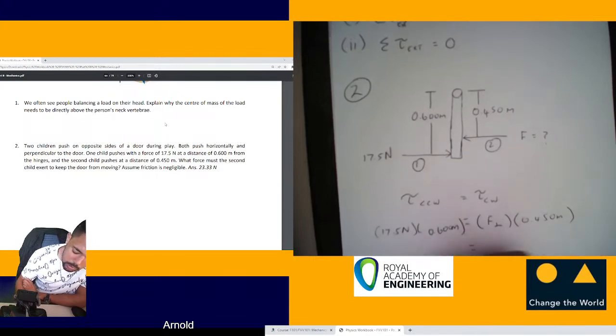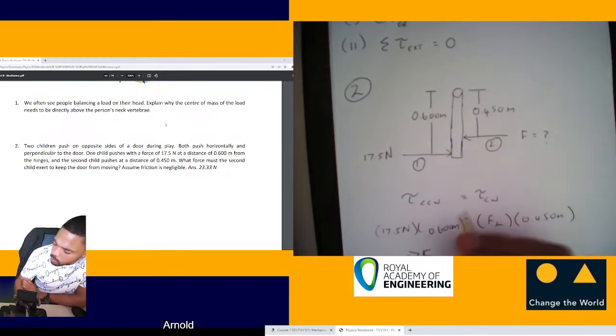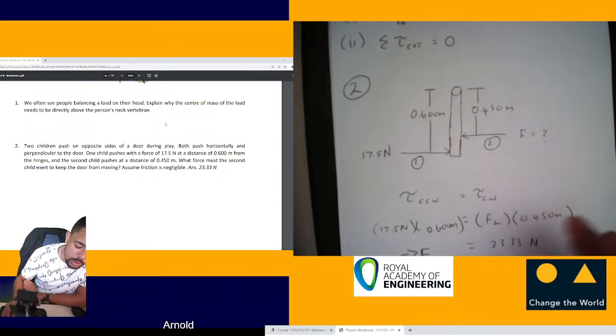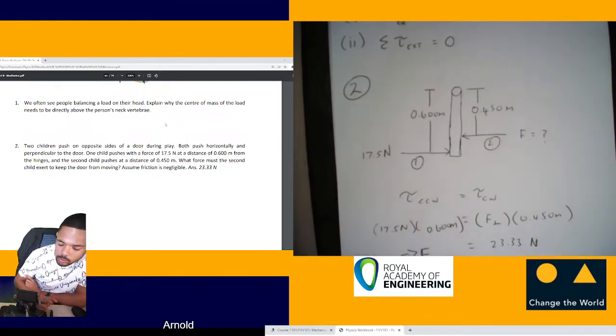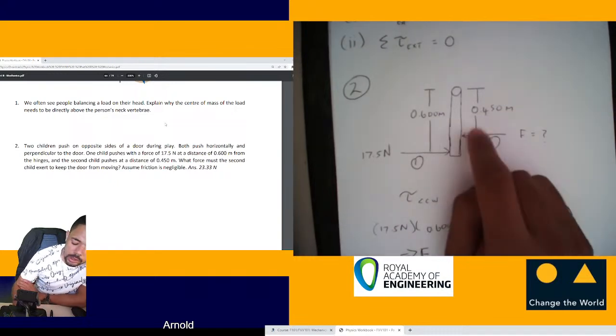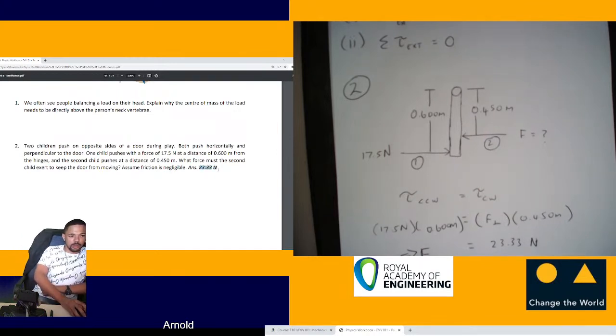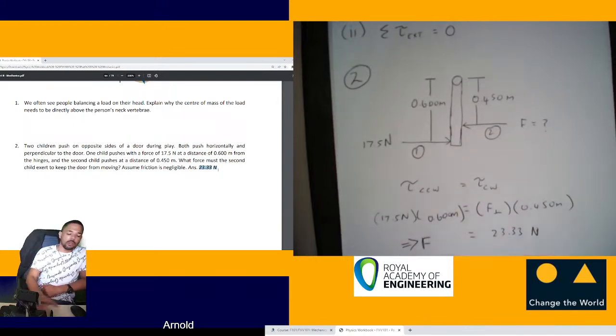We can then work out that force, and that's what I got: 23.33 newtons. The force this child must exert is 23.33 newtons, and we would expect it to be higher since he is closer to the hinge. This is what the book got as well, 23.33 newtons.